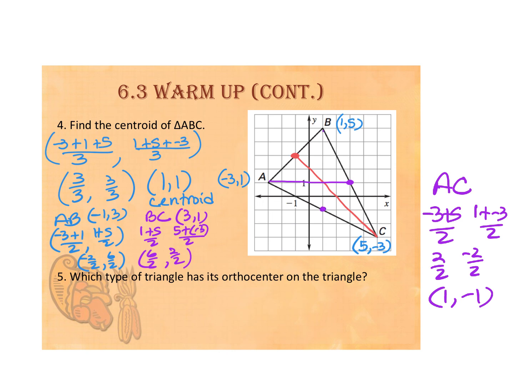Draw in the median. And again, just like we did when we calculated it without graphing it, my centroid is right here, the ordered pair 1, 1. So you can also do it by finding the midpoints. Again, the median is formed by going out of the vertex to the midpoint and then finding the point of concurrency.